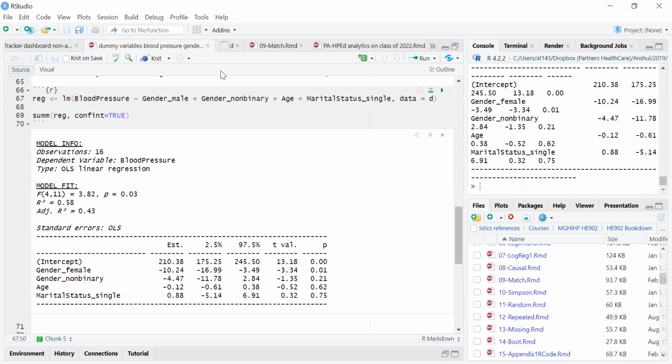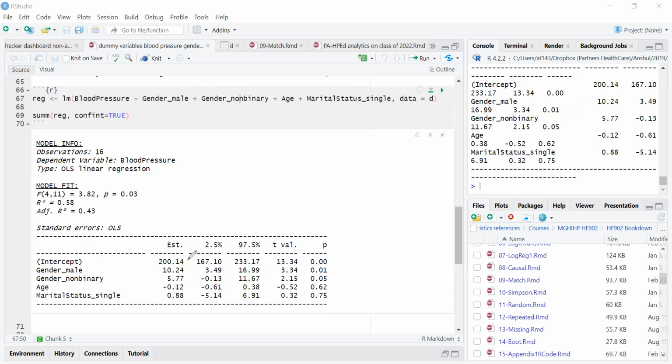Okay, so previously this negative 10.24 was comparing females versus the reference category of male. Now let me run this. Now it flipped from negative 10.24 to positive 10.24. So the actual regression model that's being run is identical, no matter which variables I choose to include or leave out.